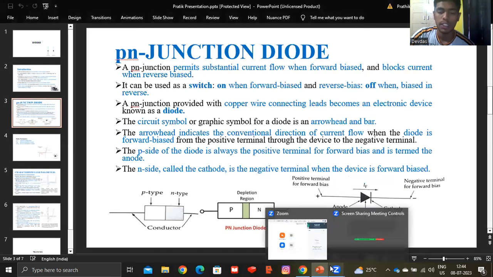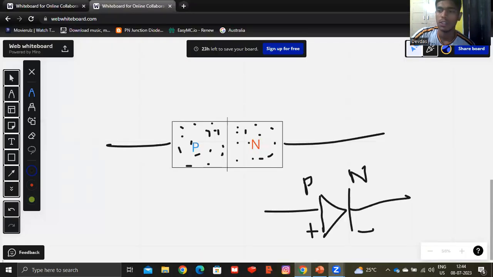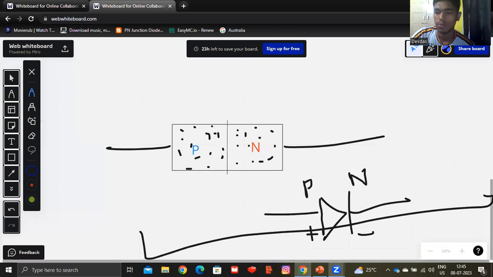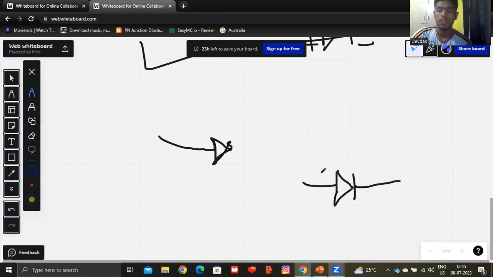So let us understand this. Let's say this is the diode.